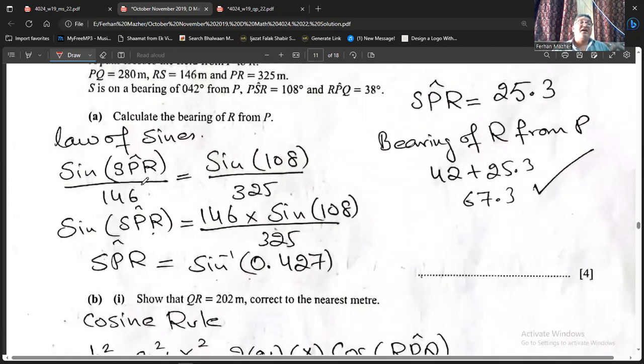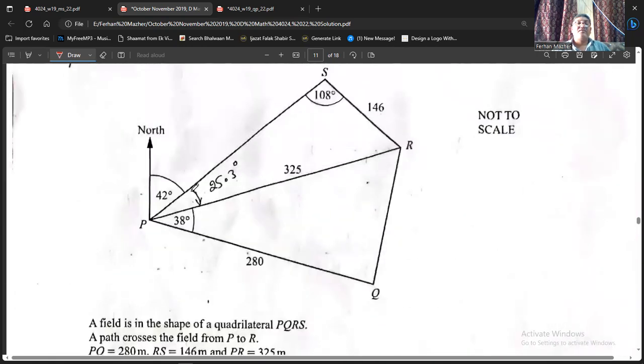Sine SPR divided by 146 equals sine 108 divided by 325. So sine SPR equals 146 multiplied by sine 108 divided by 325, and you get 0.427. Shift sine, answer, equals, and when you take a sine inverse, you get 25.3. So I know this angle is 25.3.